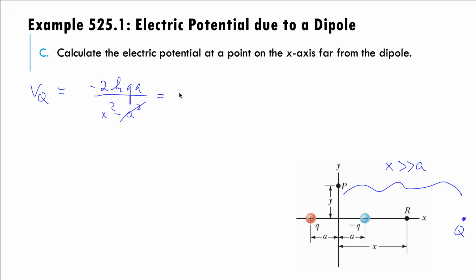So we end up with negative 2keQa over x squared. So we just took the limit when x was much, much greater than a to get our answer. So once again, we do get a negative potential at that point really far away.